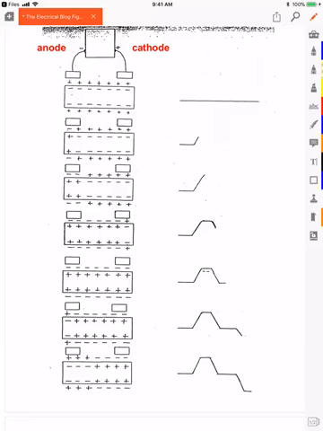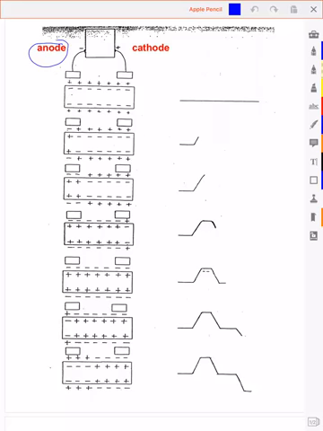And we have here your anode on the left-hand side, and we have the cathode, usually designated by a little plus sign there, on the right-hand side. An ECG is a measurement of what the cathode sees relative to what the anode sees, okay? And what I mean by that will become clear in a second.